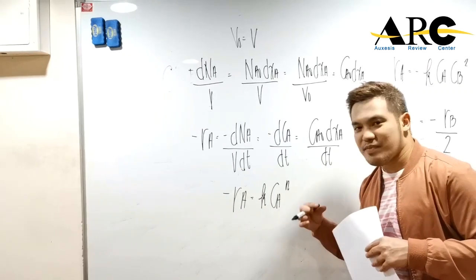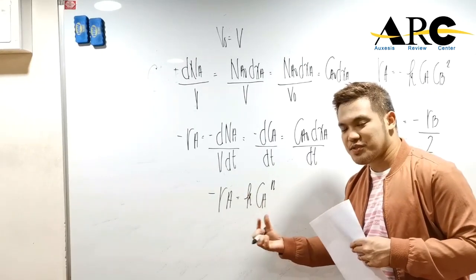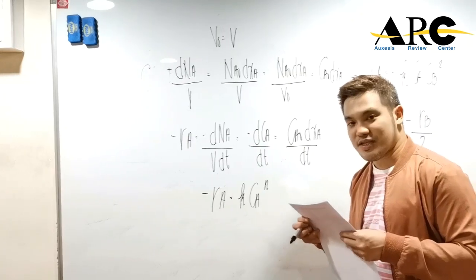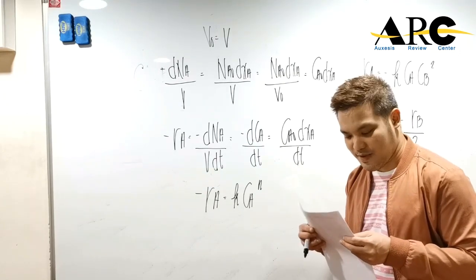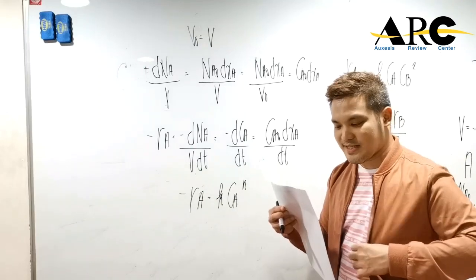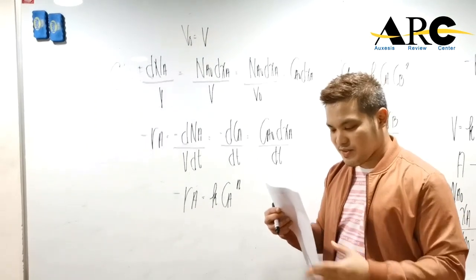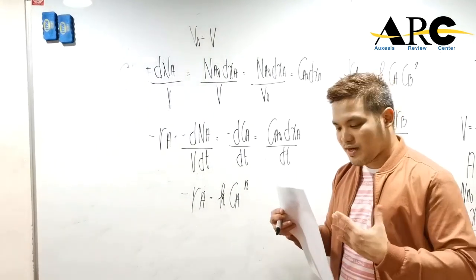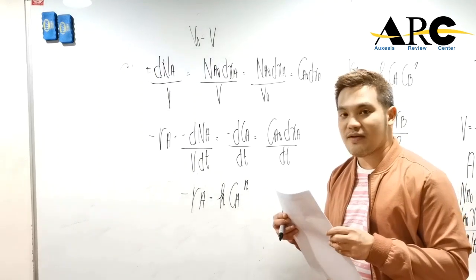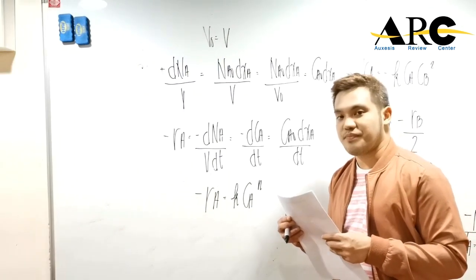So, ibig sabihin, mas mabilis siyang mauubos. So, ang answer sa number 1 is kung ano yung may malaking value. So, yung mga choices natin, 10 squared, 10 raised to negative 2, 10 or 1. So, ang answer is letter A, 10 squared.